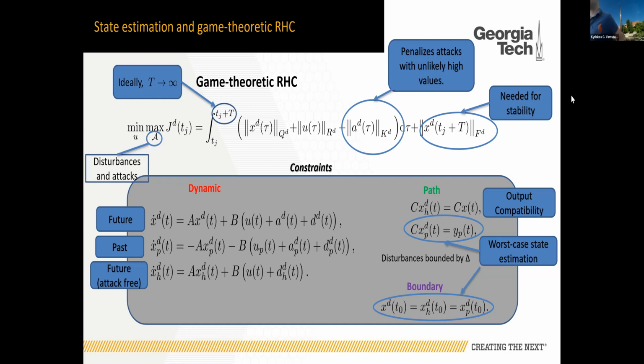Now, to answer George's comment from the beginning: here you see that I maximize over the whole space of the combined disturbance and attack, because the attacker and the disturbance can be considered as one optimization, because the attacker knows the disturbance, but the defender doesn't know.